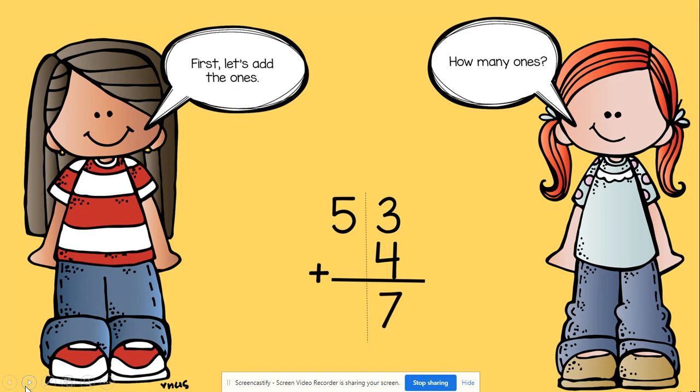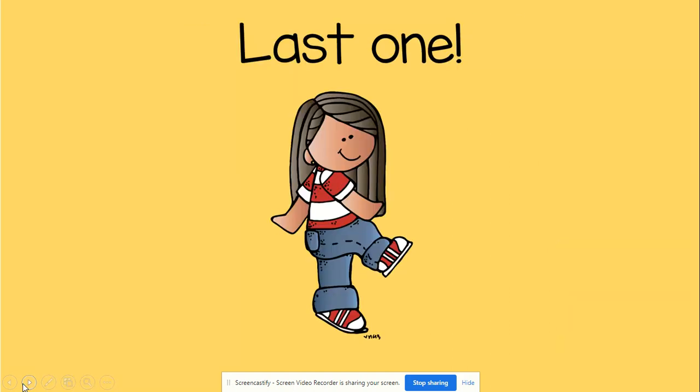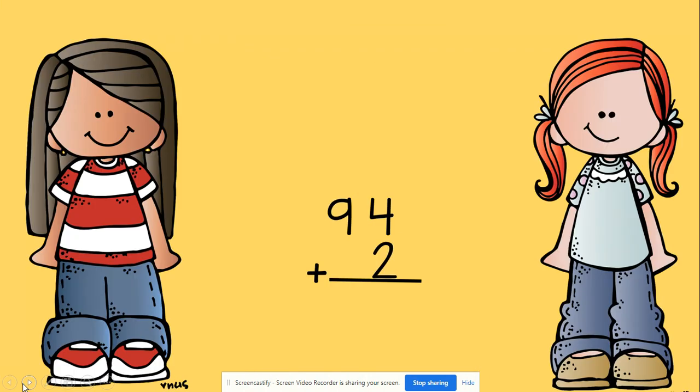How many ones? 7 ones. Yep, 3 plus 4 is 7. There are 7 ones. Now we're going to add the tens. 5 plus 0 is what? We have 5 and we add no more, and we have how many? 5. Good.